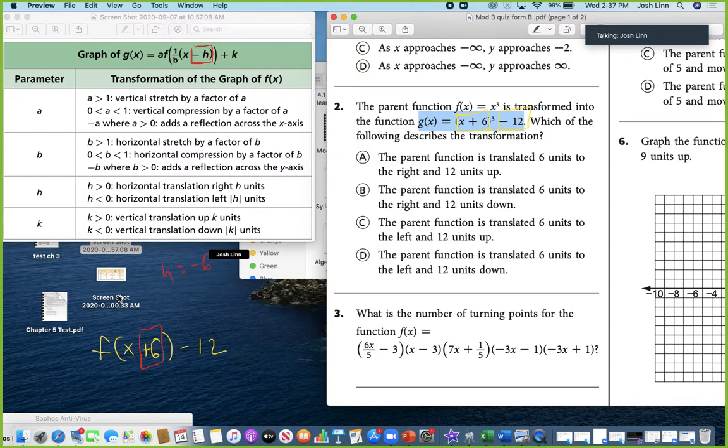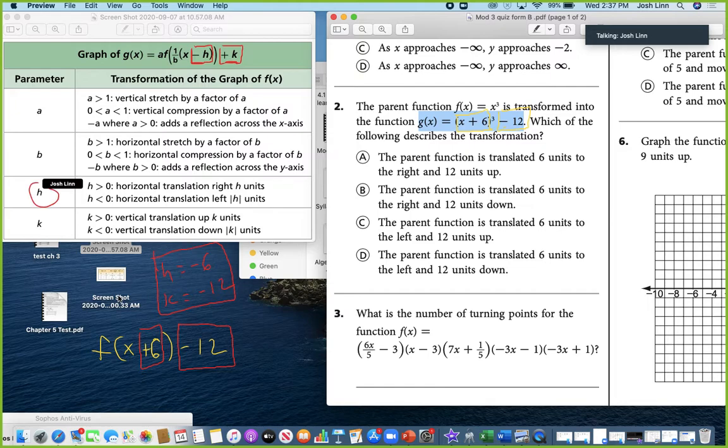And then we've got our plus k on the outside of our function. Here we've got a minus 12 on the outside, so our k is going to be equal to minus 12.